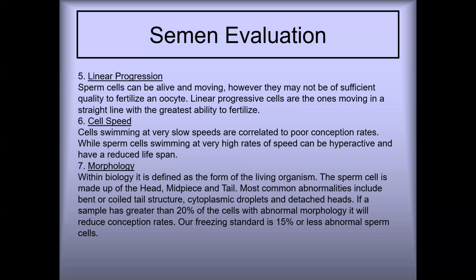So they have the head, the midpiece, and the tail, which can all have some kind of abnormality to it. If you get greater than 20% abnormalities, you're certainly going to affect conception rate. We try to maintain 15% or less in our frozen thawed products through our lab here.